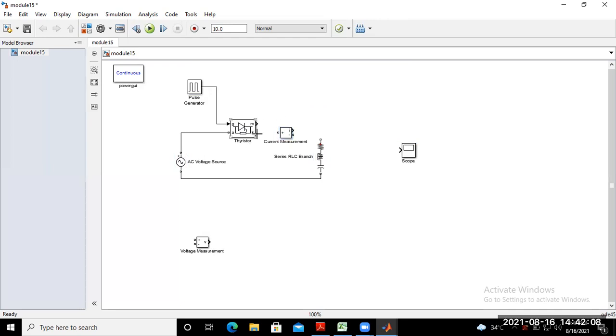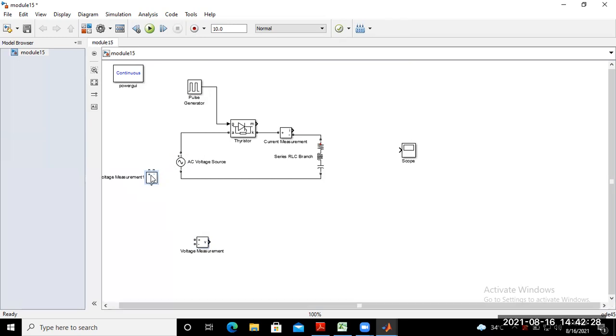Then connect from this point to this point, and this point to this point. Now one voltmeter we want to connect across the input and one voltmeter across the output. So just create another voltmeter here.